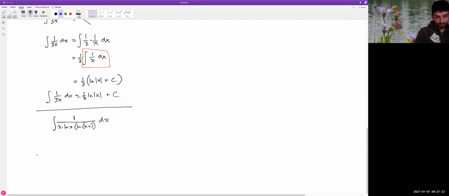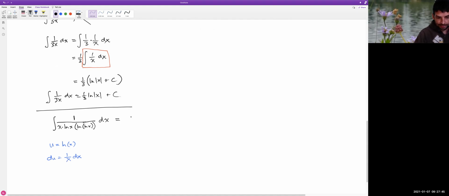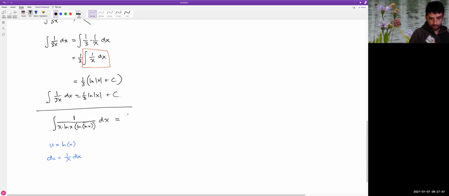So I'm going to try a substitution, all right? And there's lots of things we can try. I'm going to try something simple. So let's go ahead and do u is equal to the natural log of x. du is equal to 1 over x dx, okay? So let me rewrite this integral.